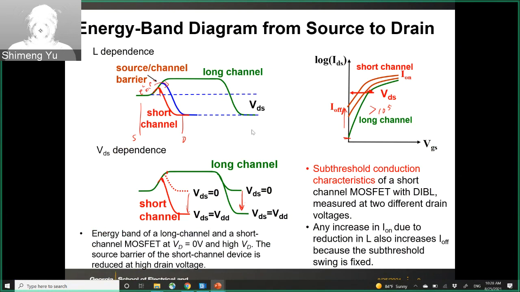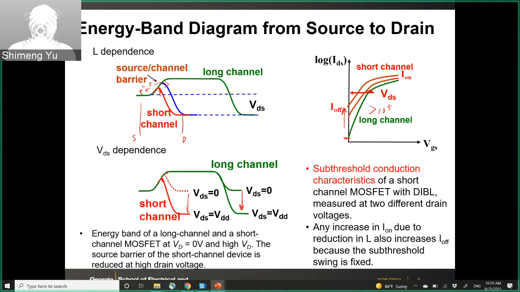Or let's put it another way. If you think fundamentally, the transistor should be a gate-controlled device. You only wish that the gate voltage can turn the transistor on or off. You don't want the drain voltage to influence the transistor's on and off. But in the short channel case, the drain is so close to the source that the drain voltage will also affect the channel's on and off.